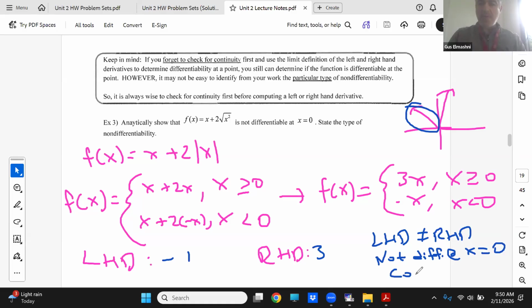And the reason is a corner. Because these are finite values, right? You may even want to state that somewhere, because if they're infinite, then it would be a cusp or a vertical tangent. So you want to make that statement for corners.